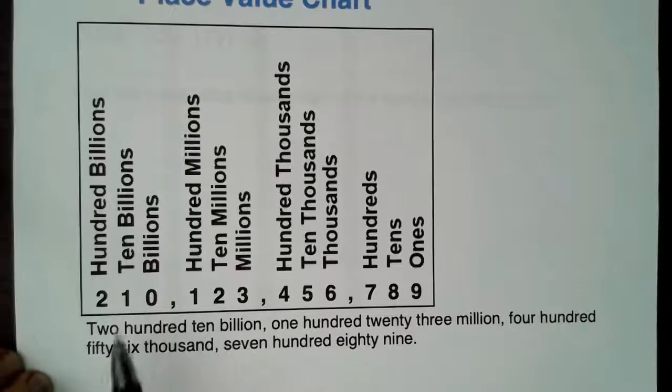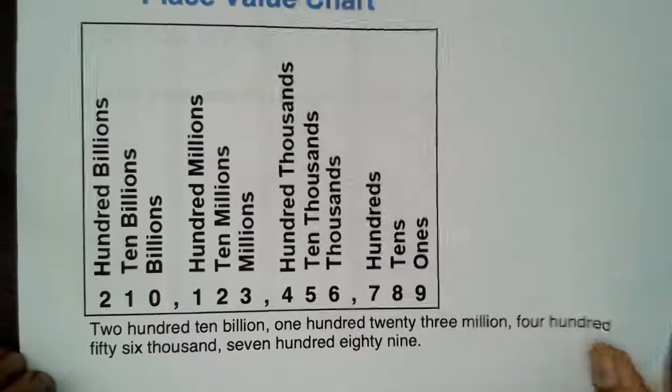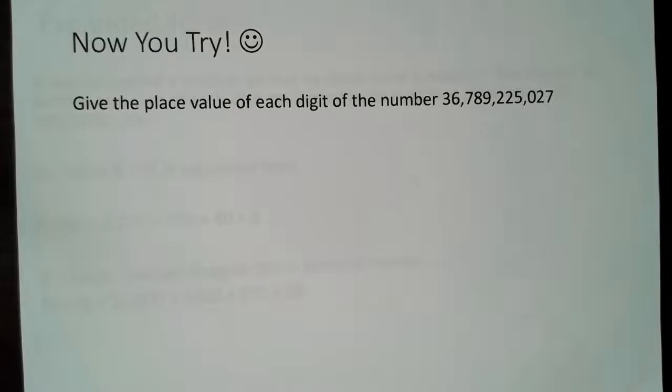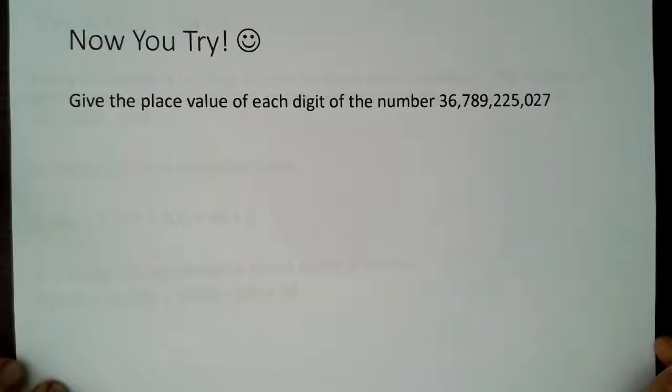So how would we read something like this? You would start from the left, and you would go 210,123,456,789. Okay, so you can go ahead and give the place value for each digit in this number.